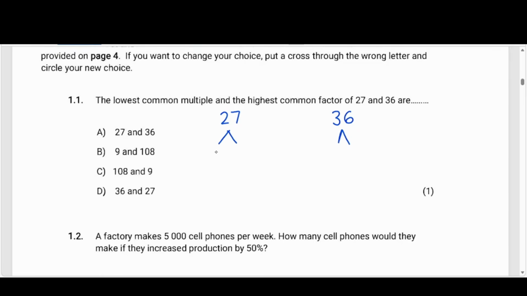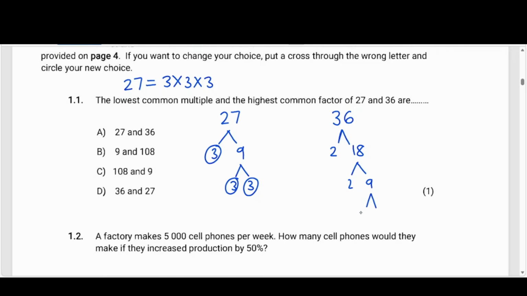So 27 is 3 times 9. And 9 we can break down and say that's 3 times 3. We circle all the prime factors. And so we can say, okay, 27 is the same as saying 3 times 3 times 3. 36, I would say, is 2 times 18. 18 is 2 times 9.